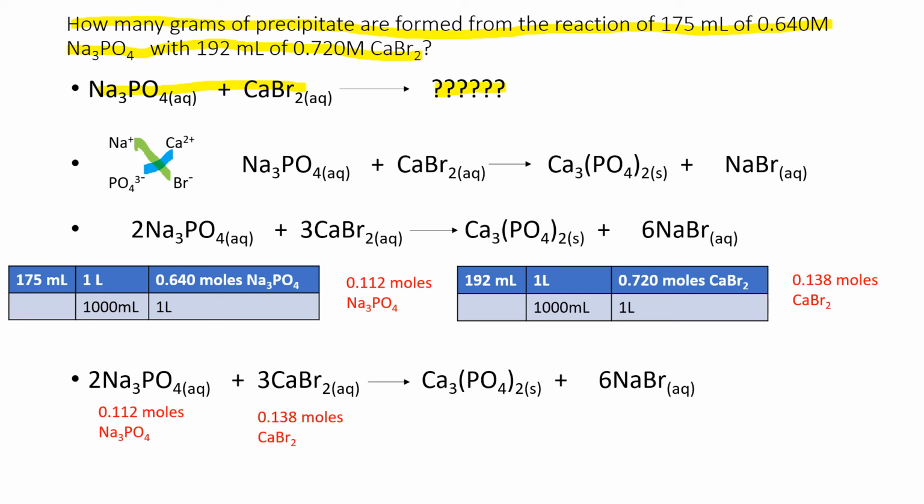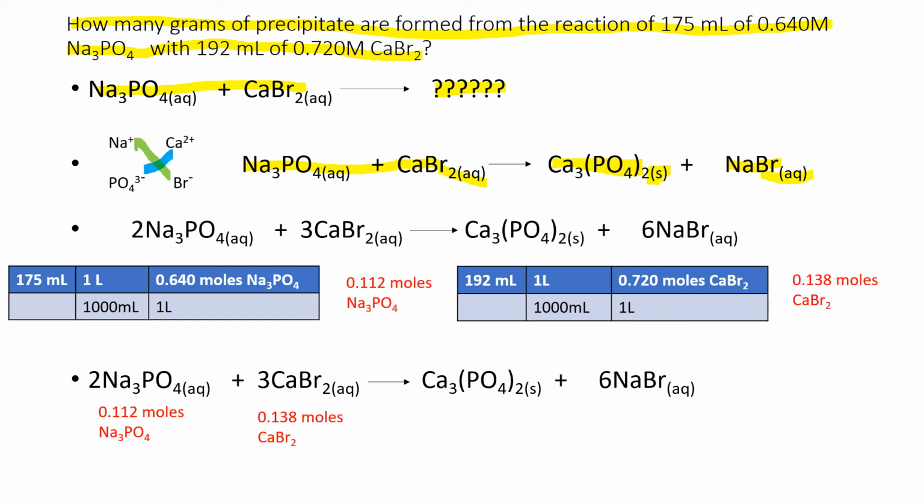So our new equation, after we predicted the products, so sodium phosphate plus calcium bromide, we're going to make calcium phosphate, Ca3(PO4)2, and sodium bromide. And again, using the solubility rules, we would have to figure out which one of these is soluble and which one of these would be the precipitate. Well, calcium and phosphate combined, that's going to be insoluble.